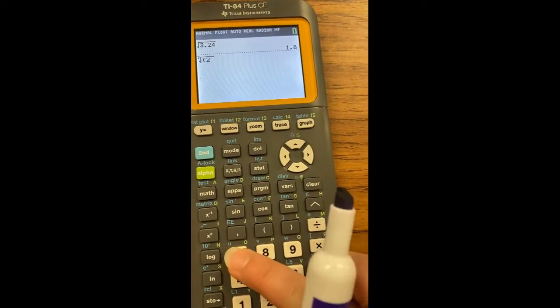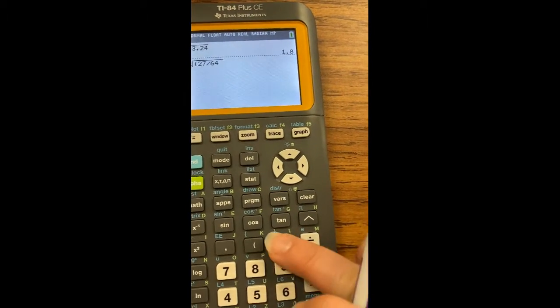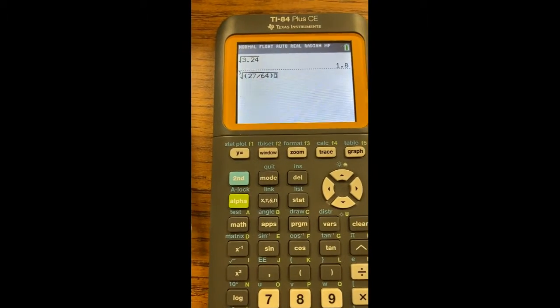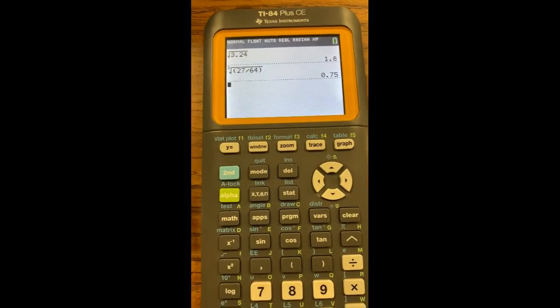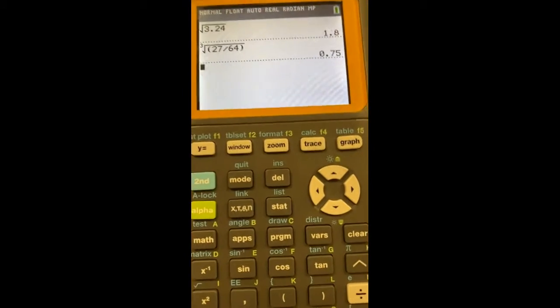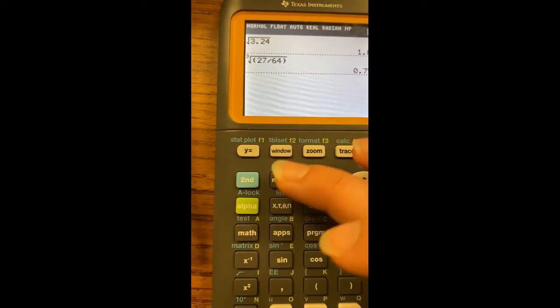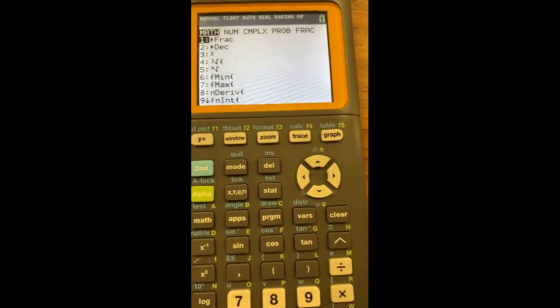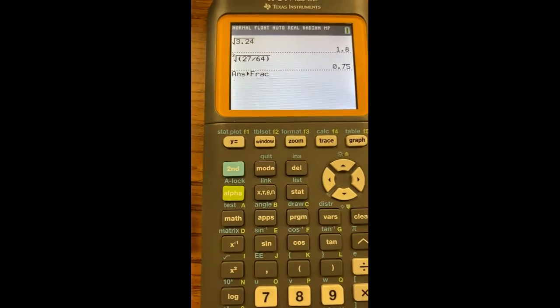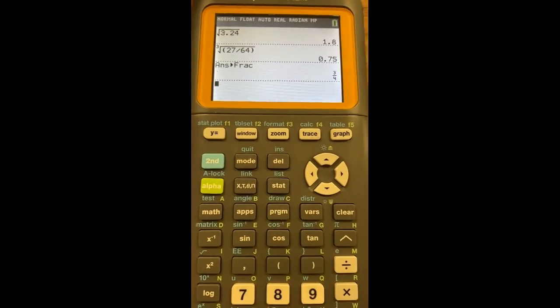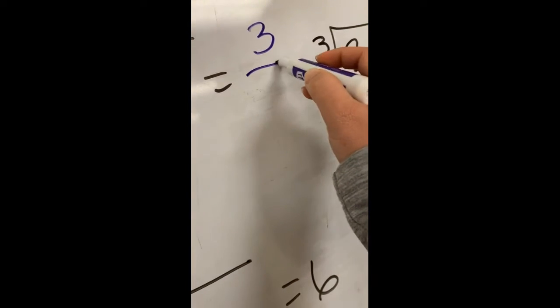That's a fraction. So 27 divided by 64, and I'm going to close my parentheses, and I get 75/100. But I need my answer in fraction form. So I'm going to go to math and hit fraction. And it takes my answer and turns it to a fraction, which is 3/4, which we all probably knew.